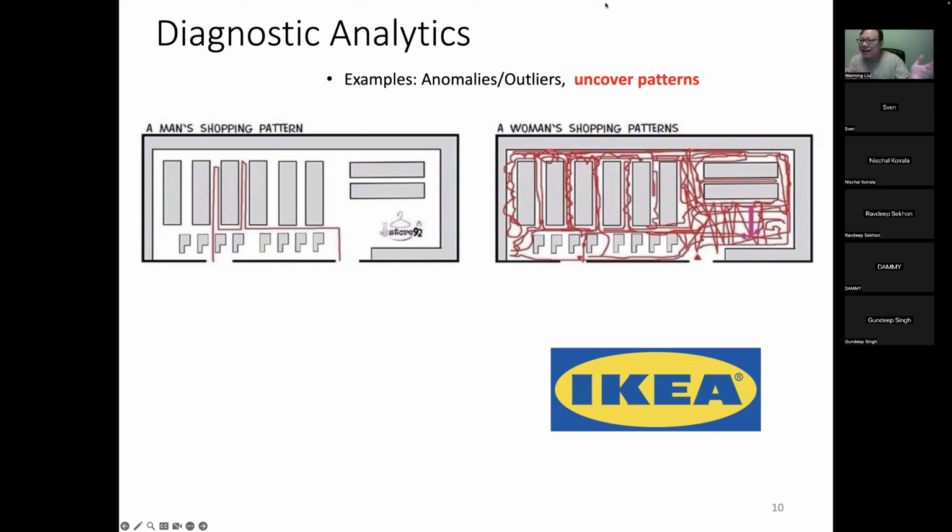But in IKEA, if you want to get out, you still have to follow the path, and when you walk along it, you have to see all the items. They force you to see all the items on the path exiting the store. It's funny because it's just one way in and one way out. You can't go backward.